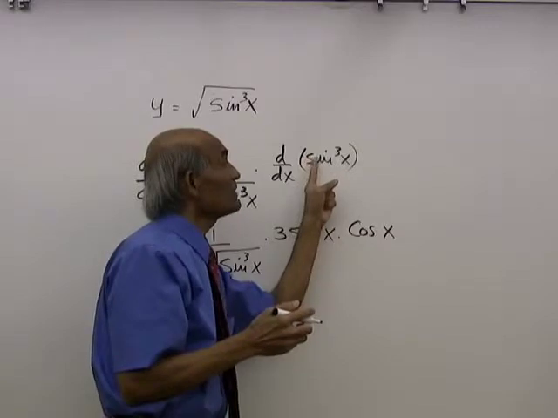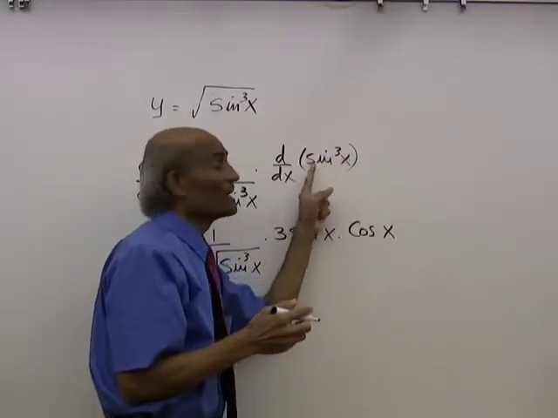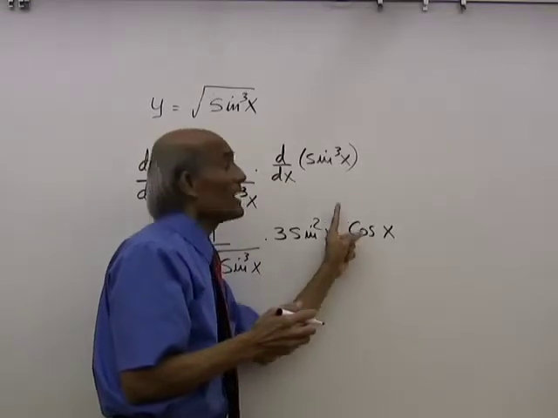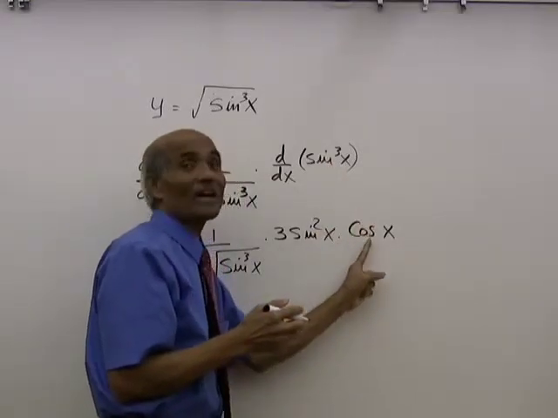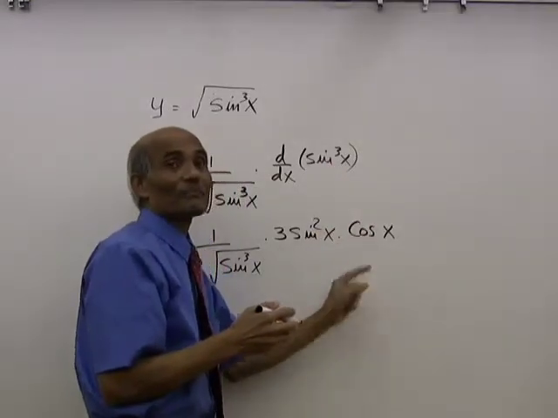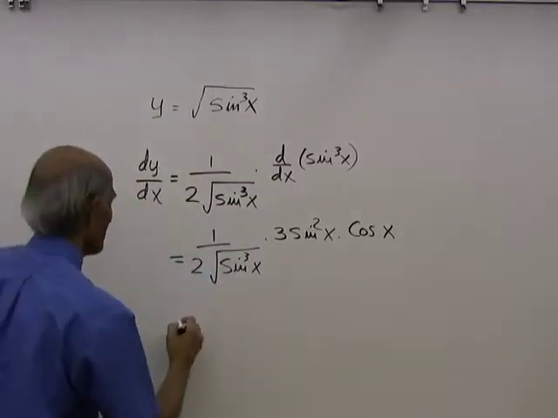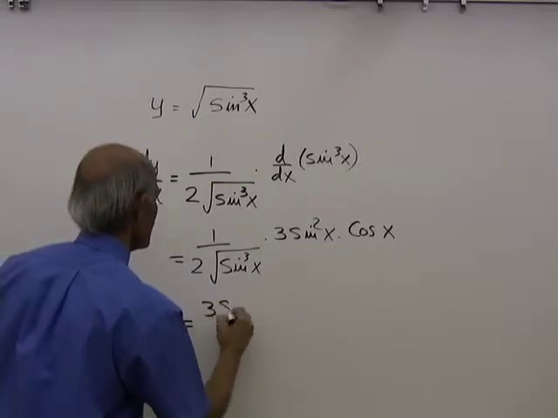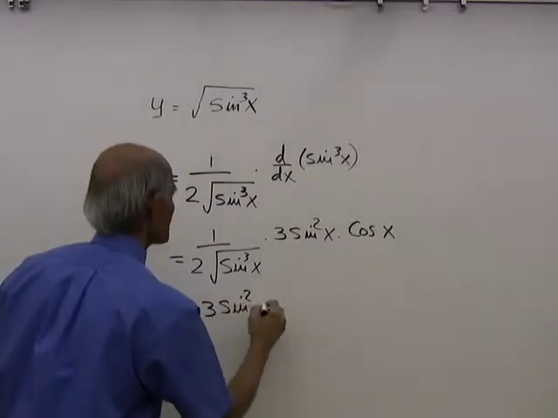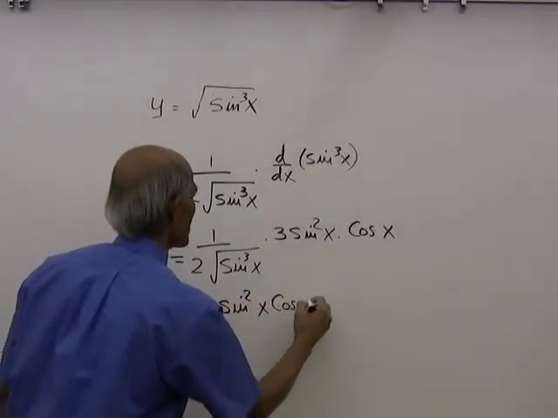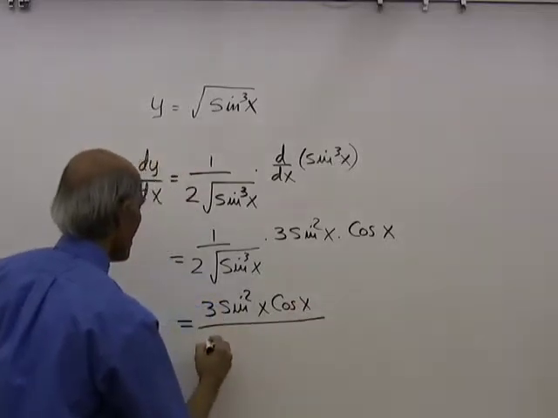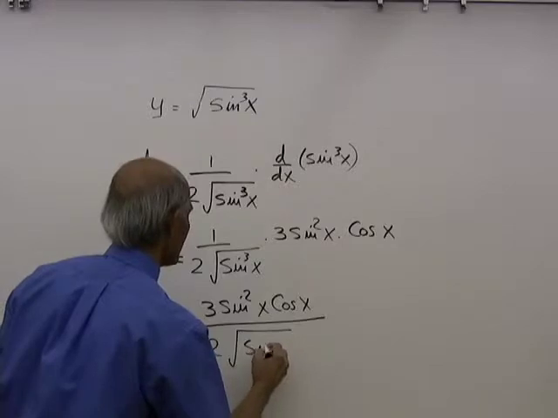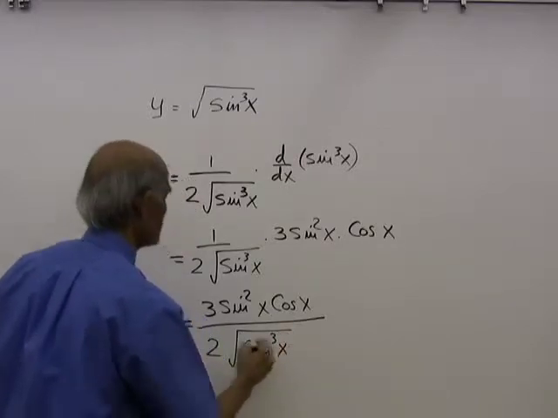So the derivative of sine cube x is 3 sine squared x cos x. So what does that become now? That will be 3 sine squared x cos x all over 2 square root of sine cube x.